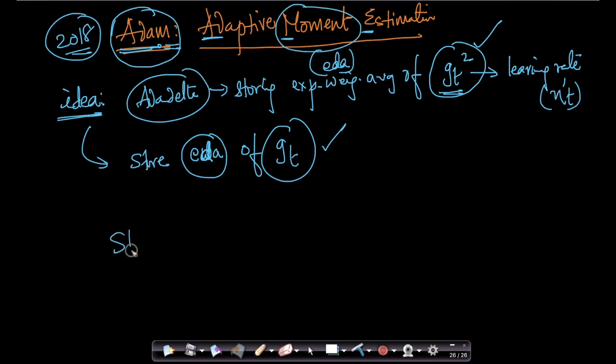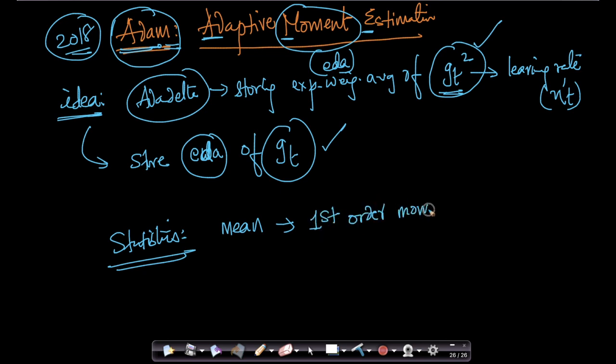So in statistics, mean is often referred to as a first order moment. Variance is referred to as second order moment.